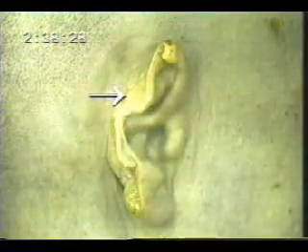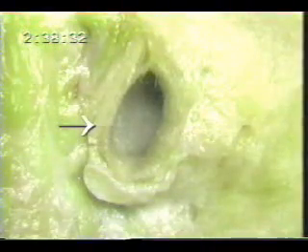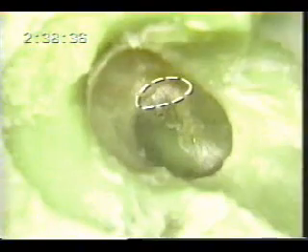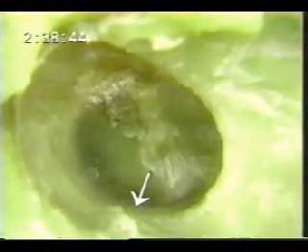Here's the cartilage of the auricle and the cartilage of the auditory meatus. Here's the tympanic membrane, the pars flaccida, the pars tensa, the umbo, and the annulus.